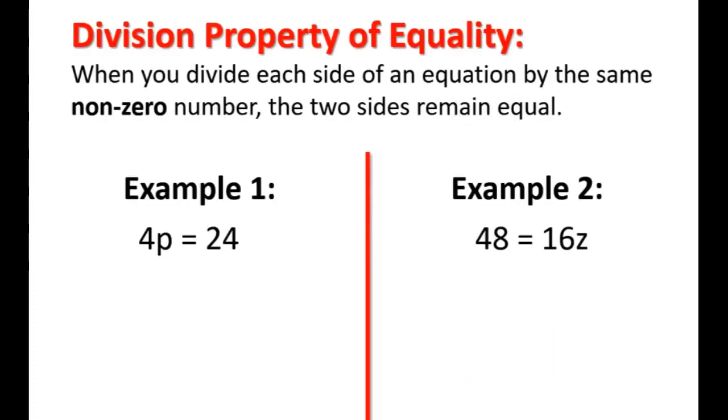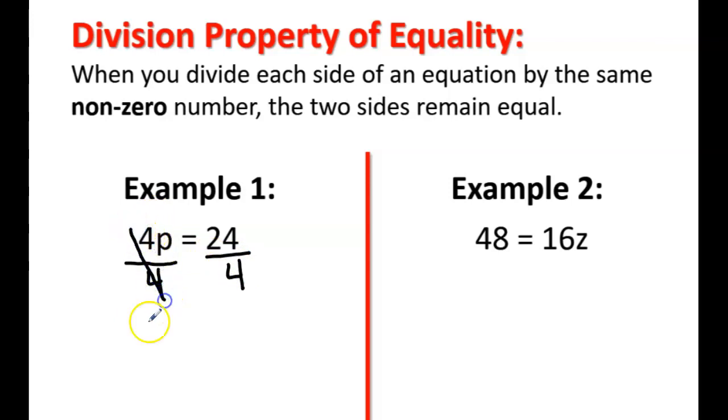So here are a few examples. The division property of equality says when you divide each side of an equation by the same non-zero number, the two sides remain equal. So we're looking for the value of p. Remember, our objective is to get the variable by itself. This is multiplication, so we're going to divide by 4. When we divide 4 by 4, we end up with 1.